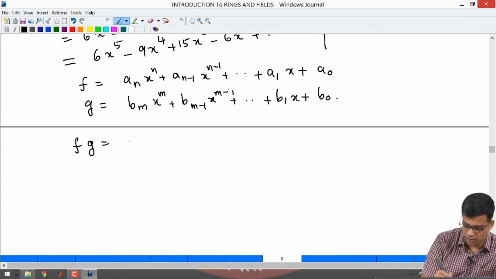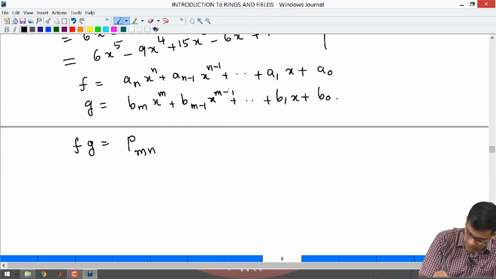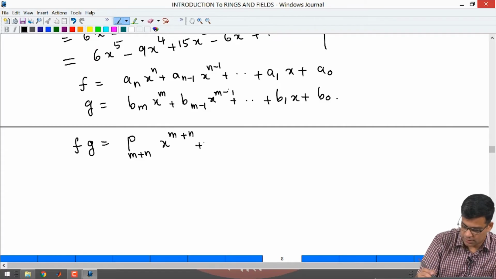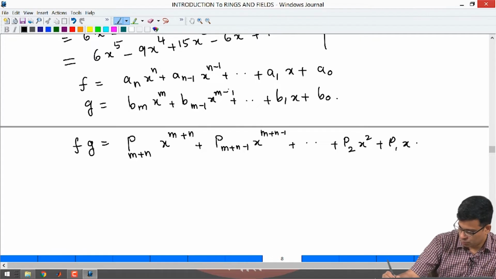I will first write the general form: the largest degree term will be of degree m plus n, because x^n times x^m is x^{m+n}. So, p_{m+n} x^{m+n} plus p_{m+n-1} x^{m+n-1} all the way up to p_2 x squared plus p_1 x plus p_0.